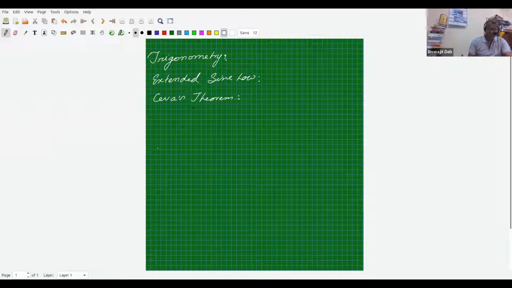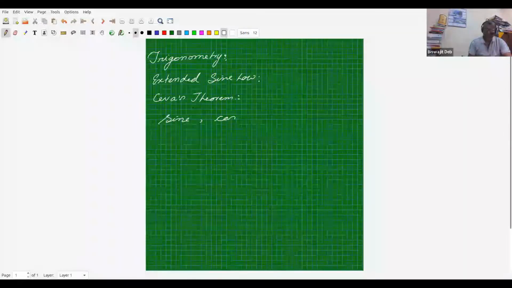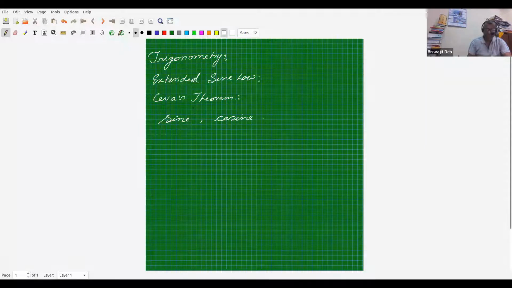Trigonometric functions. You might have heard about these functions: sine function, cosine function, and tangent function. Let us see what these are. Before this, let us see how these functions come about. Let us take this triangle OAB.